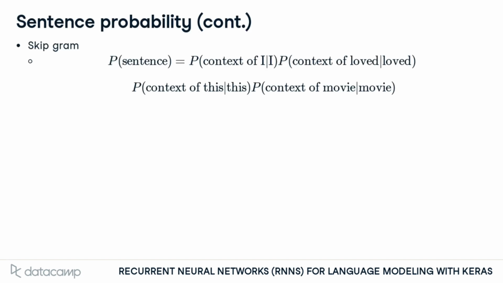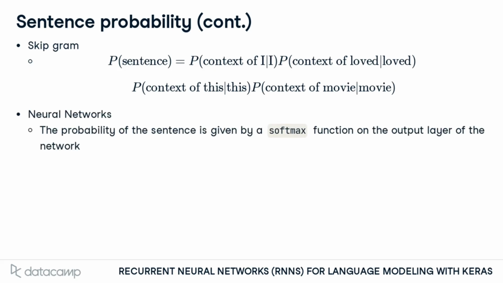The skipgram model does the opposite: it computes the probability of the context words, or neighboring words, given the center word. Neural network models with a softmax function in the last layer, with units equal to the size of the vocabulary, are also language models.